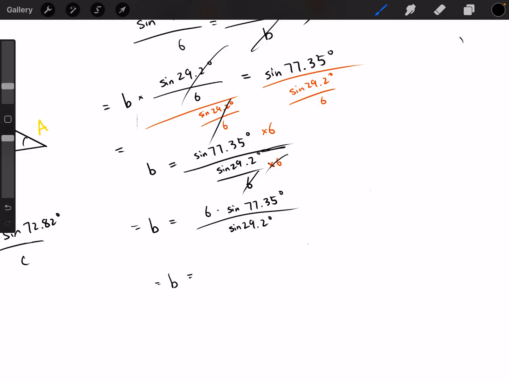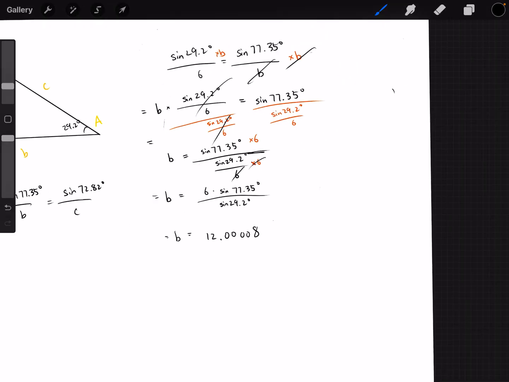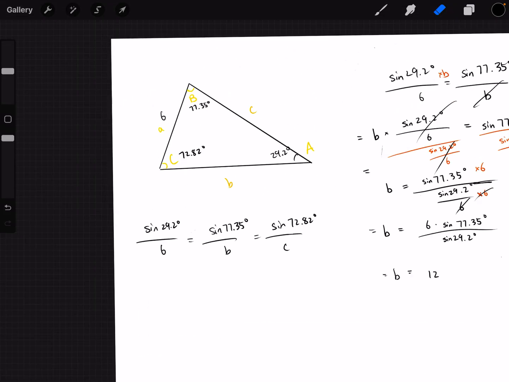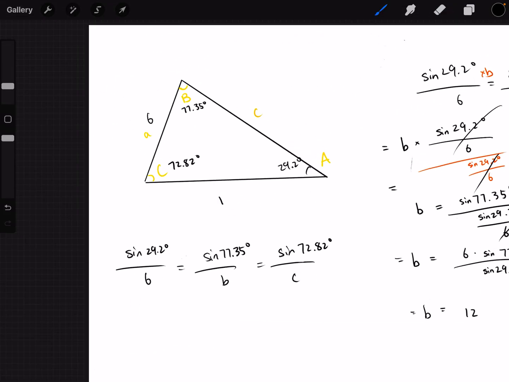This is 6 times sine 77.35 divided by sine 29.2. This is equal to 12.00008, so I'm just going to let it be 12. And that's how you solve for a side instead of an angle.